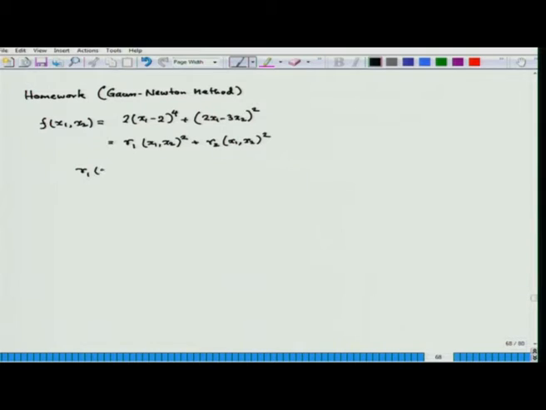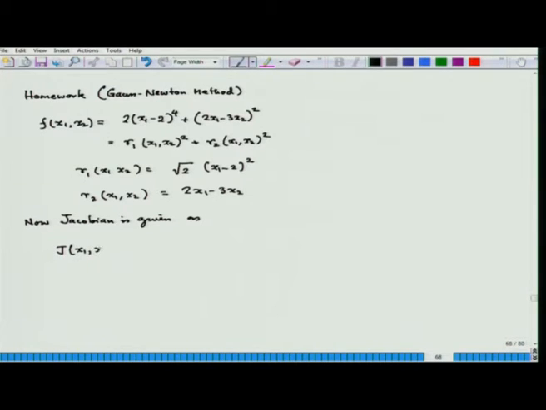Of course, r1(x1, x2) in this case is root 2, and now of course, the Jacobian, which is the Jacobian of the vector function r whose components are these r1 and r2, is given as J(x), where in this case x is (x1, x2).